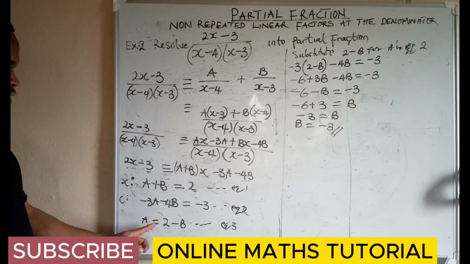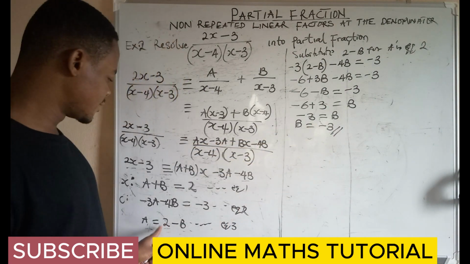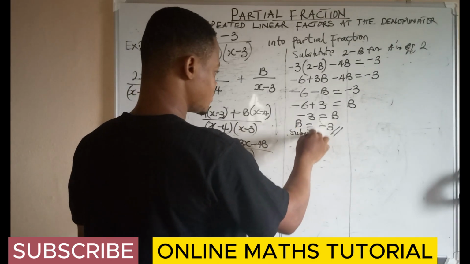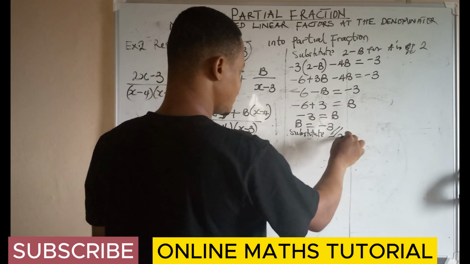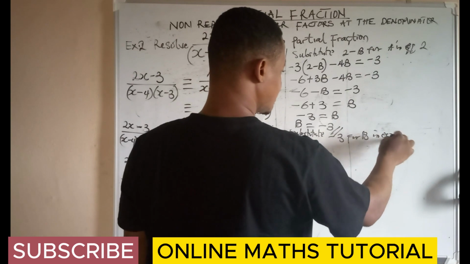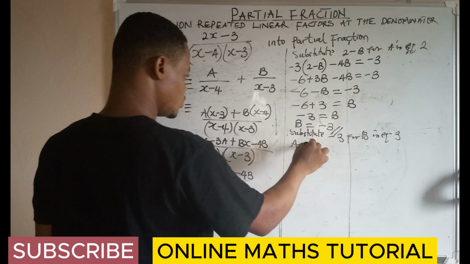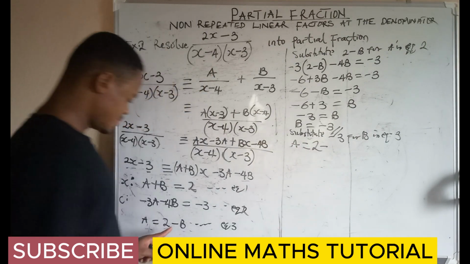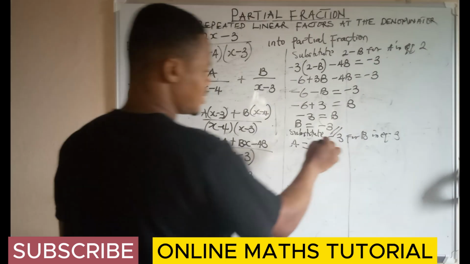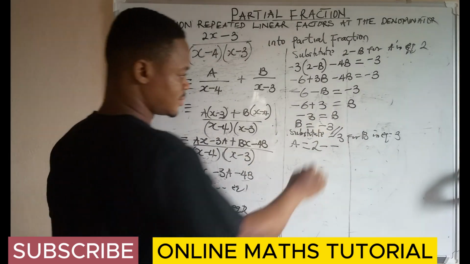So we can now substitute b as minus 3 in equation 3. So if we do that, substitute minus 3 for b in equation 3. So we have that a will now be equal to 2 minus the minus 3 which we have here, because there is minus in b.